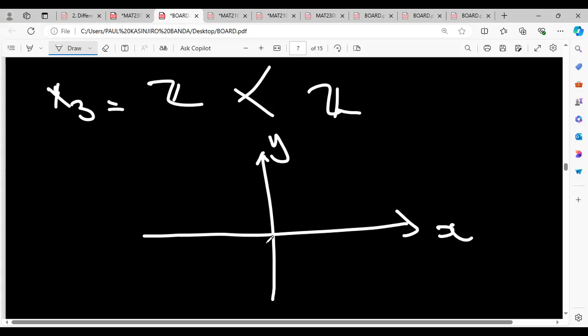So for just an illustration, I can say this is 0, 1, 2, 4, 5, and then this arrow indicates that it continues in that direction. Then also here, even on the Y, you can have -1, -2, and then 1, 2, 3, just like that, okay?